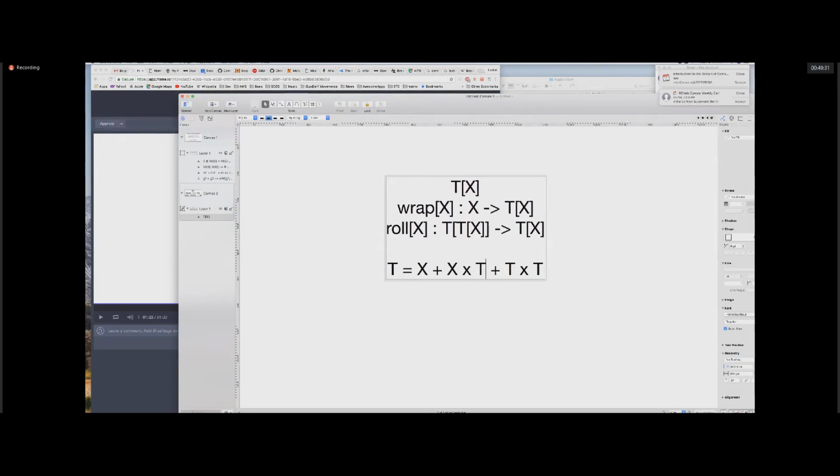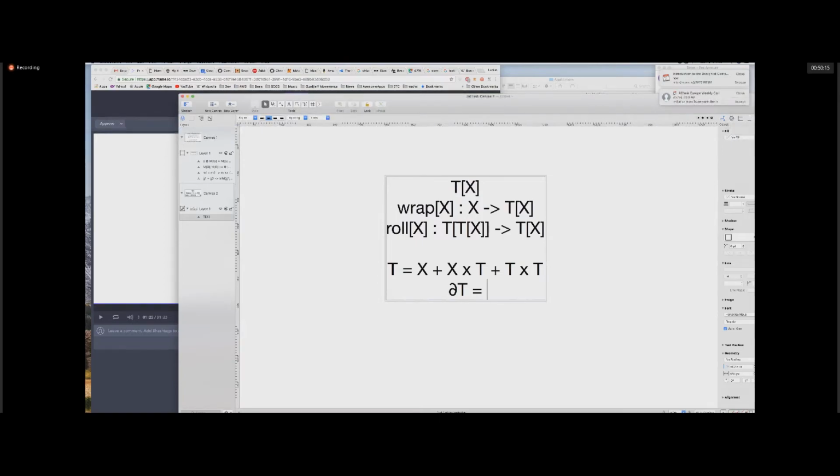Then I could take the derivative with respect to T. And the derivative with respect to T is going to be calculated in exactly the way we calculate the ordinary calculus derivative. So when I get to something that's not a variable, X will just go away. With respect to the derivative with respect to T, X is a constant, so the derivative of a constant is 0, so it makes no contribution.